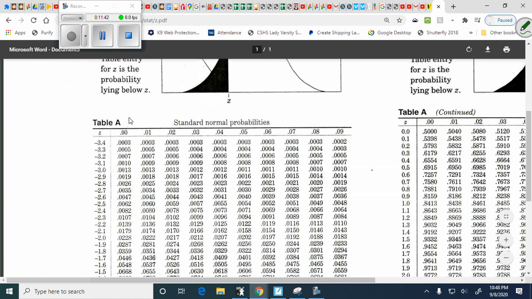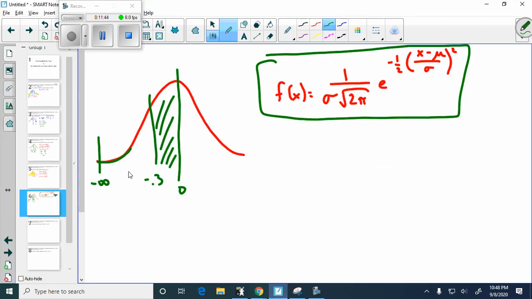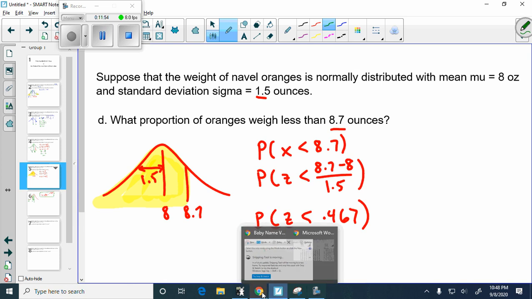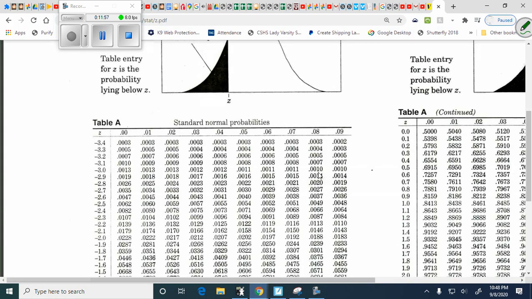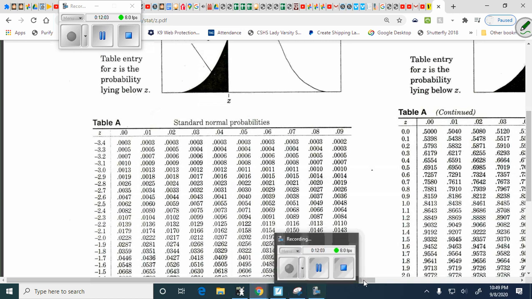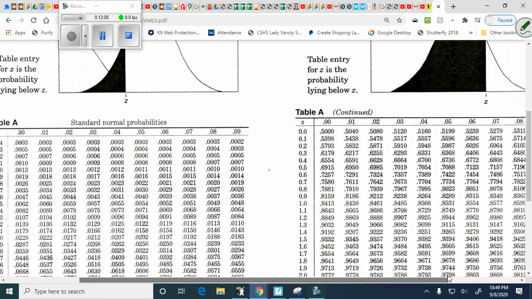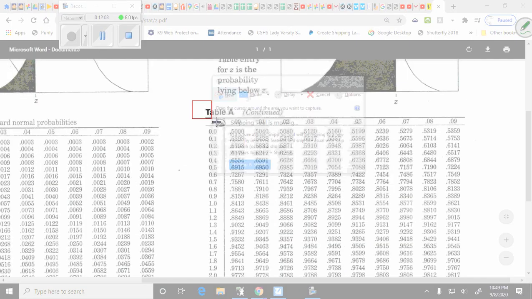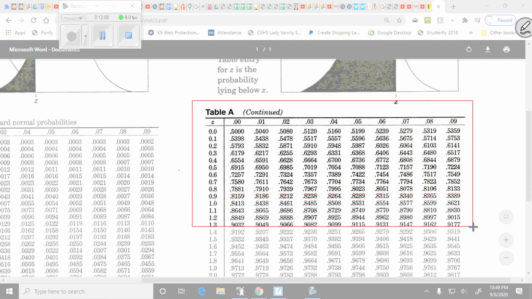So I want to show you how this table would work in the context of this navel orange problem. So the z-score that we got is 0.467. Now, as it turns out, this chart only goes to hundredths. So I'm going to change my 0.467 to 0.47, and I'm going to scroll over here.